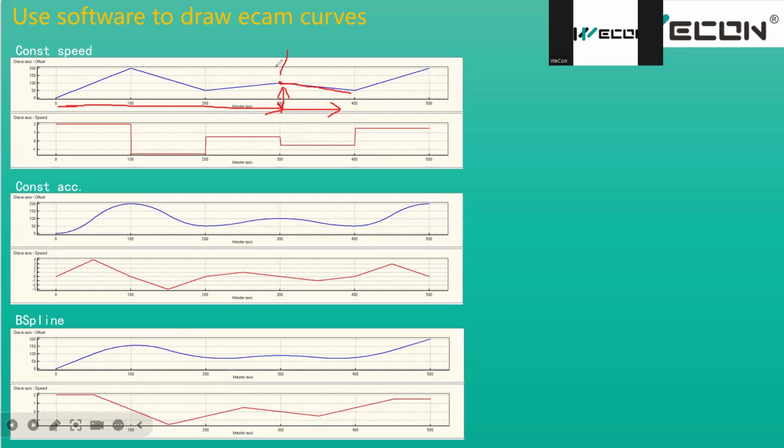But for now our slave is in 0 position, so it will go to another direction, in reverse. So this setting means we move this point to this point.